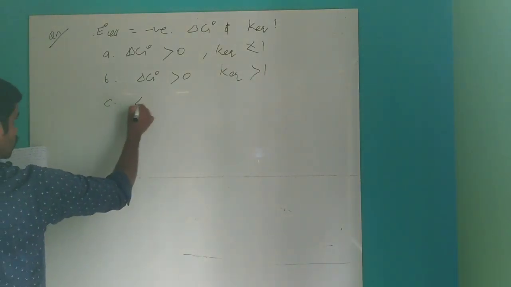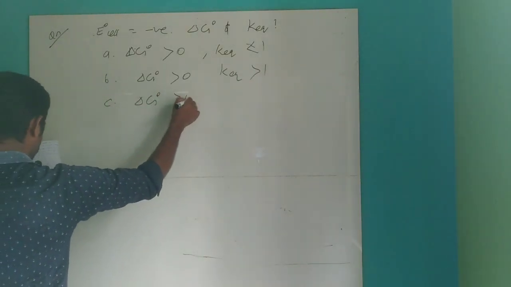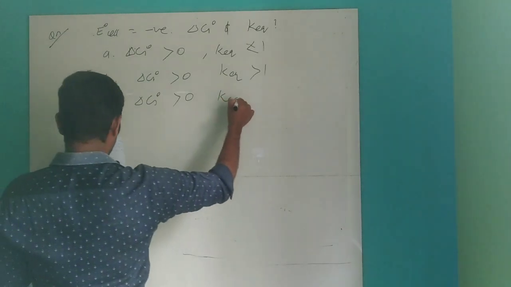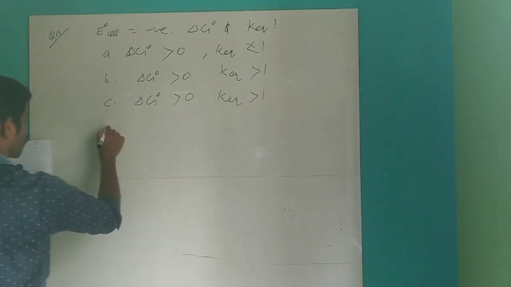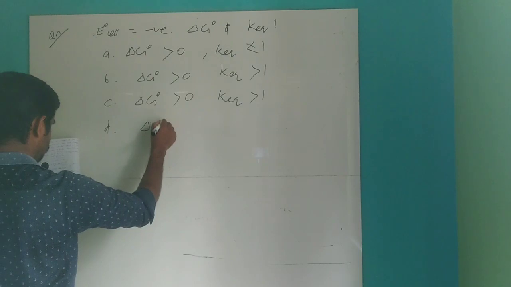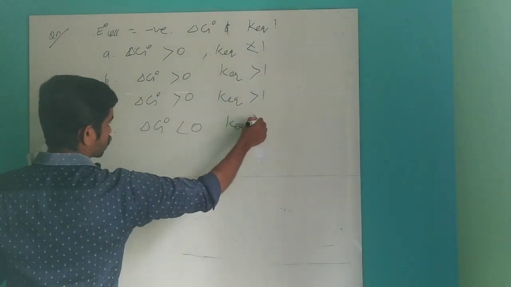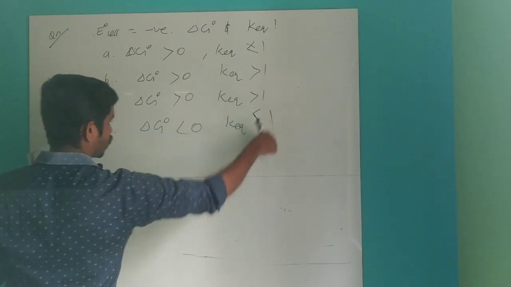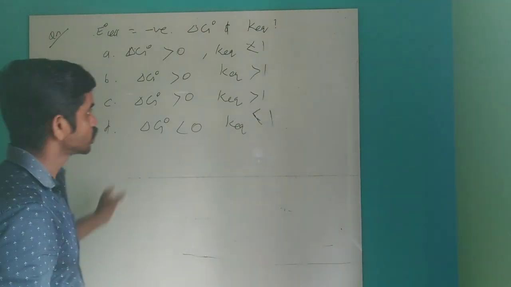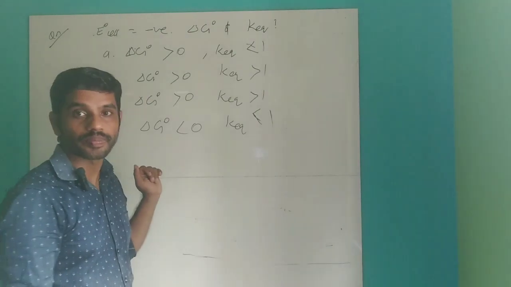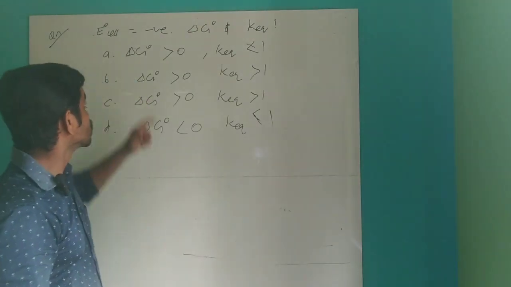Option C, delta G0 is higher than 0, K equilibrium is higher than 1. Option D, delta G0 is lesser than 0 and K equilibrium is lesser than 1. So these are the options given. Which is the right one?